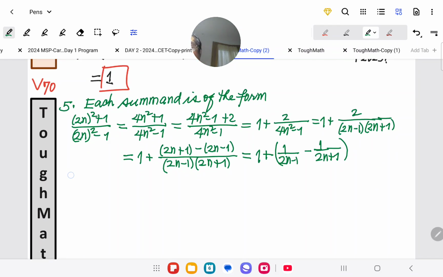Therefore, E, which is the sum of 2n squared plus 1 over 2n squared minus 1 from n equals 1 to 200. No, 100.